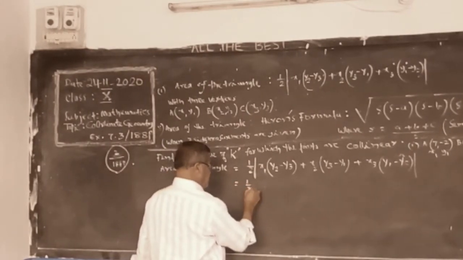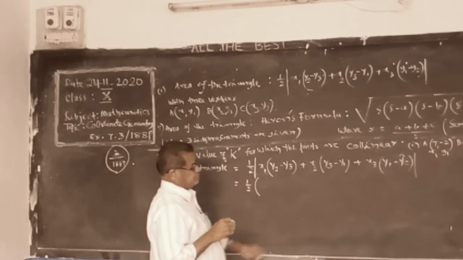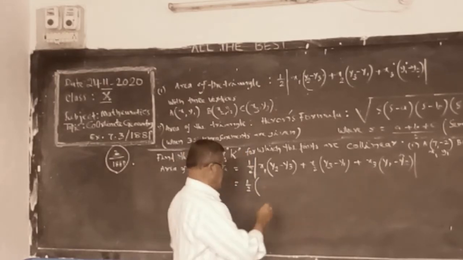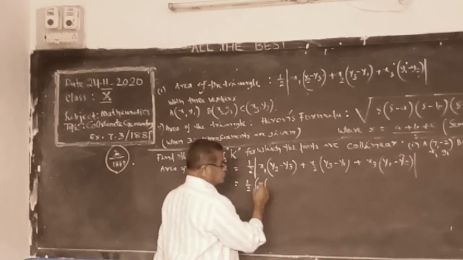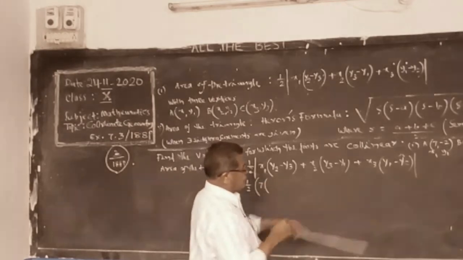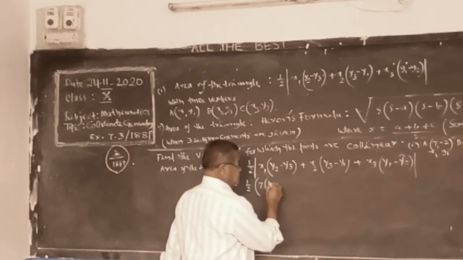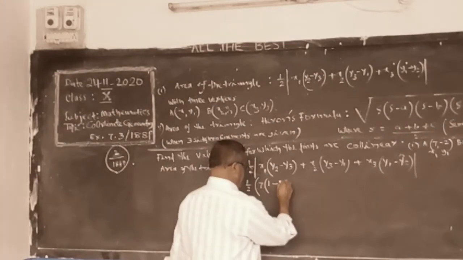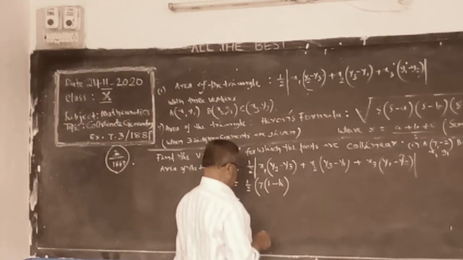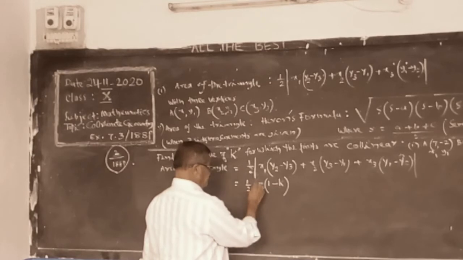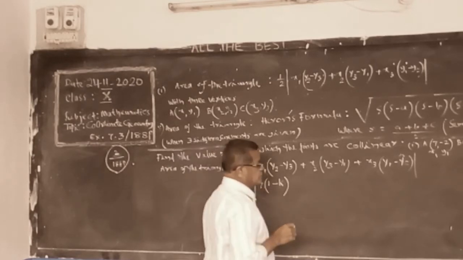Half, first bracket x1 is 7, y2 minus y3 is 1 minus k.